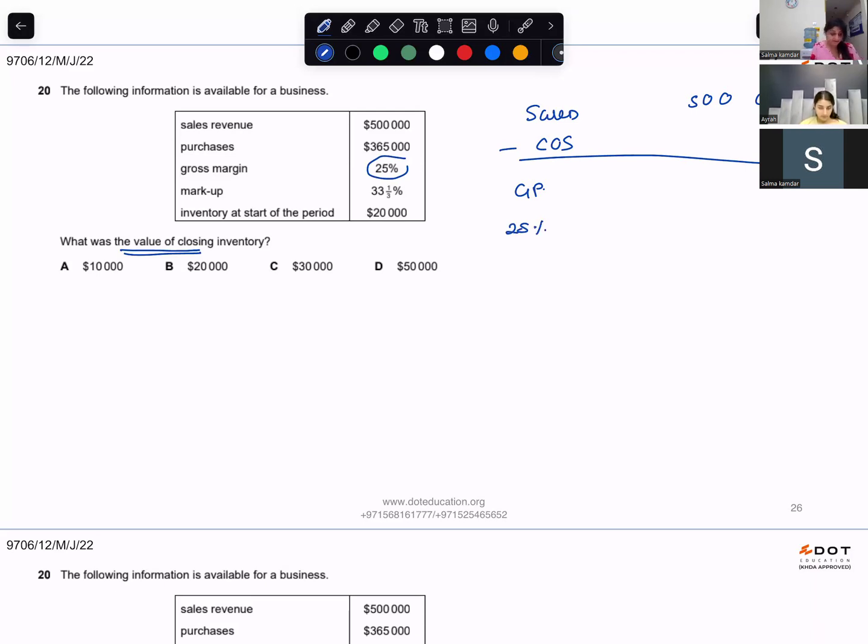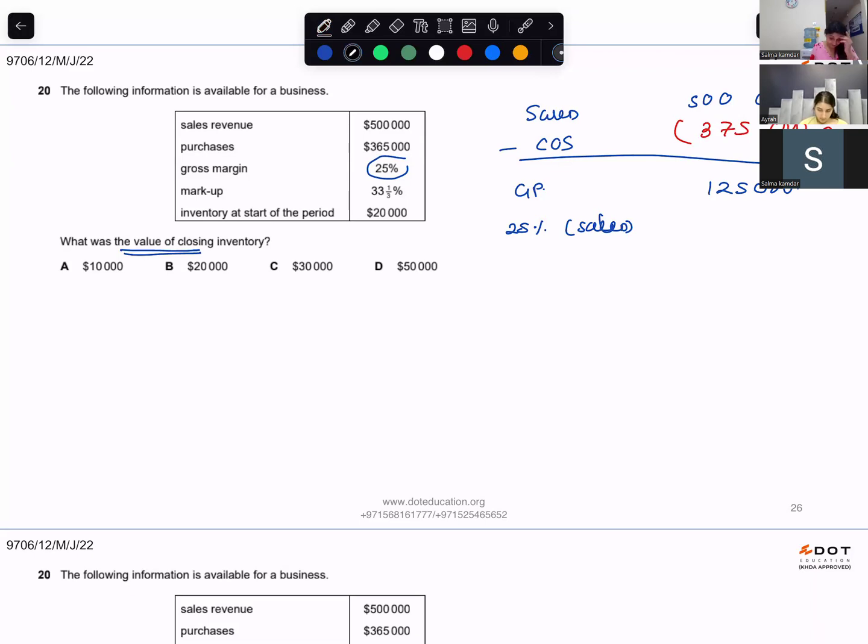Margin is on sales, so 25% on sales. So how much is this? 125,000. So what is your cost of sales? 375,000. Cost of sales is 375,000.